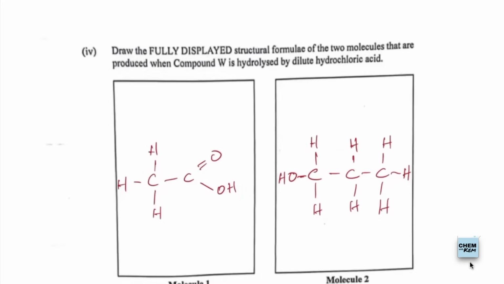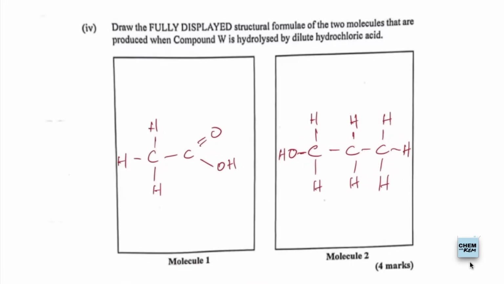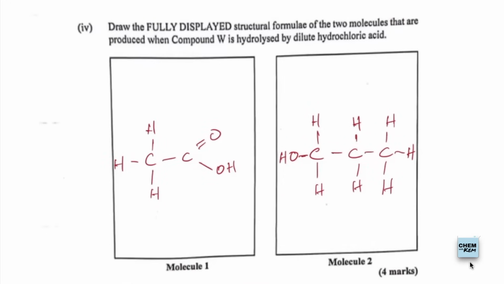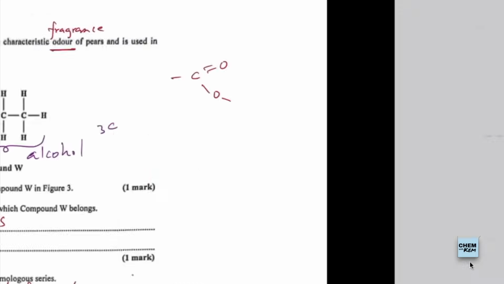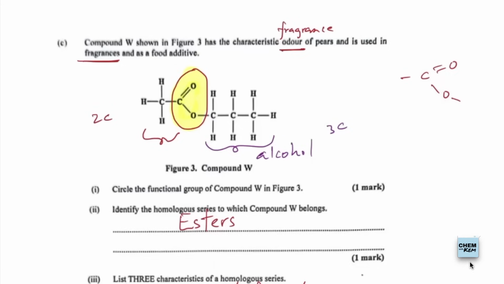So let's see what it is that they want us to do. They want the fully displayed structural formula of the 2 molecules that are produced when compound Y is hydrolyzed by dilute hydrochloric acid. So we're going to go back around here. Whenever we have hydrolysis of an ester, we cut right after the carbon-oxygen double bond. In the acid, that's where we cut.